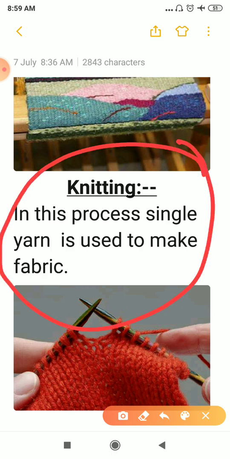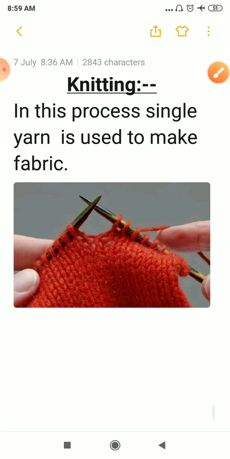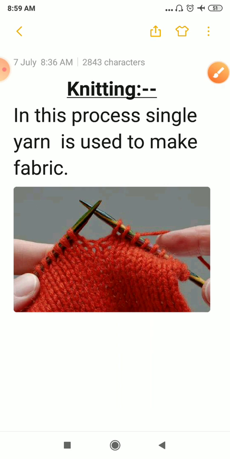In knitting, a single yarn is used to make fabric. In winters, you wear homemade sweaters. Have you seen how these sweaters are made in our home?